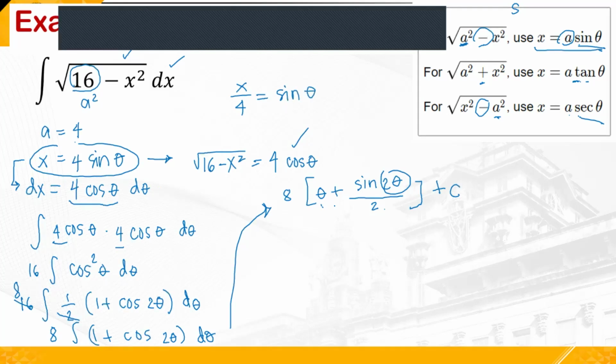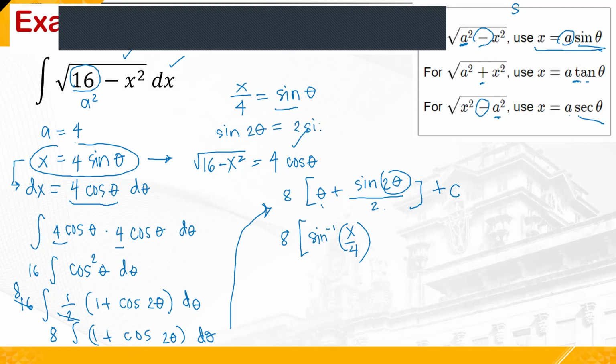So applying the arc sine on both sides, that means ang theta natin is arc sine of the fraction x over 4. Tapos, paano na yung sine 2 theta? Yung sine 2 theta naman, it's double angle identity, which we also recalled a while ago.